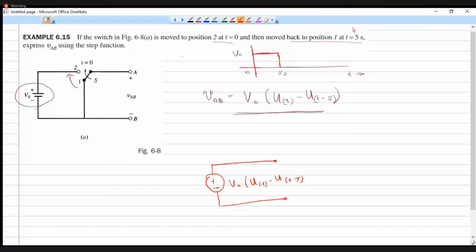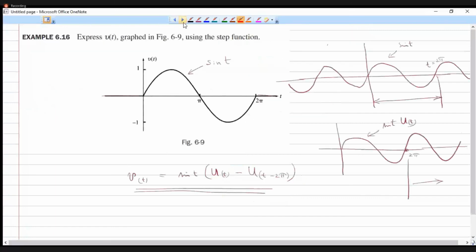When it is at position 2, we get the v naught voltage, and when it is thrown back to position 1, then no voltage is coming across the terminal AB. So this is our VAB, that is graphed here, and this value is equal to v naught. So that explains the relevance of the step function.